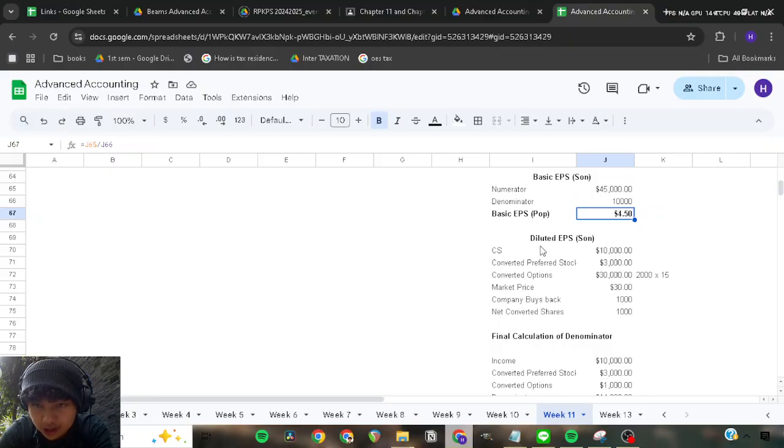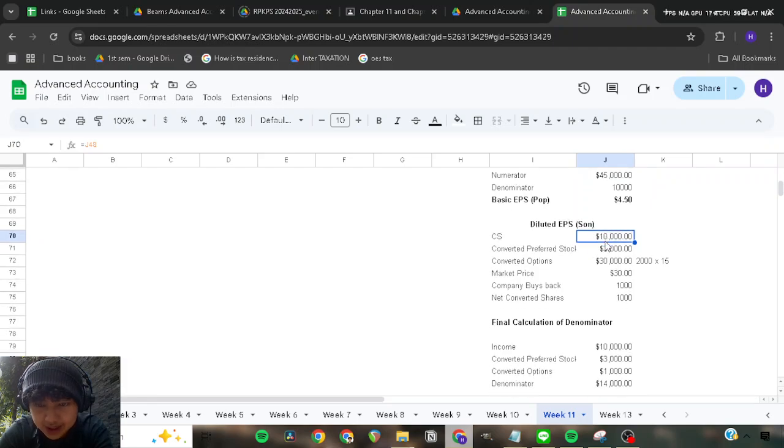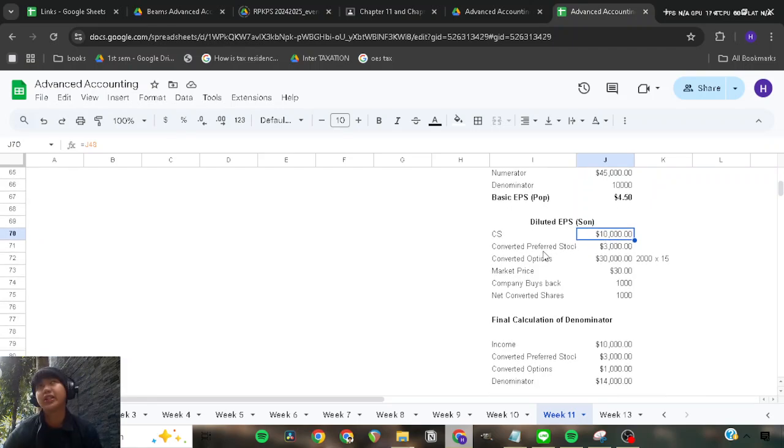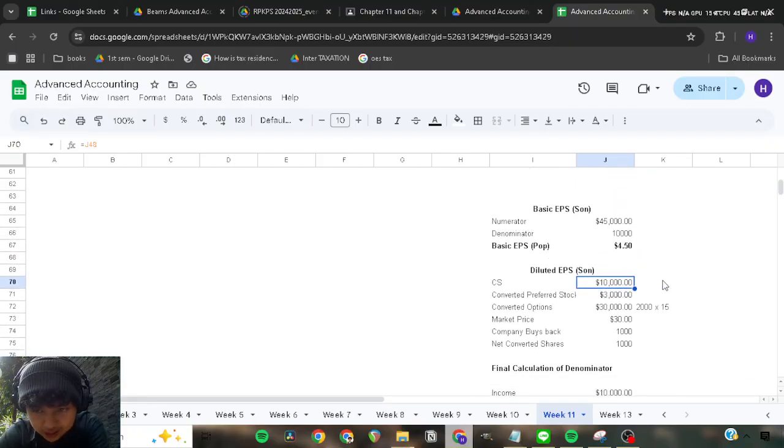And as for the diluted, it's a little bit on the complex side. First you have the common stocks, and the idea of diluted EPS is that it's the EPS assuming you convert all of your convertible shares or options or others into shares as well. So in this context, I have 10,000 as the initial amount, and then we have converted preferred stocks of 3,000.